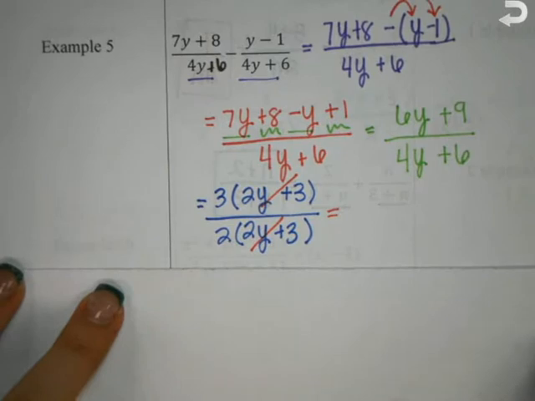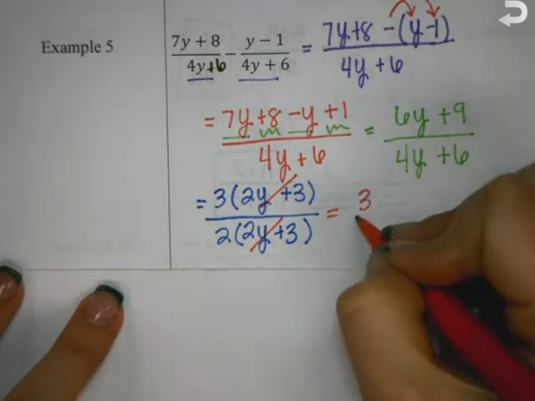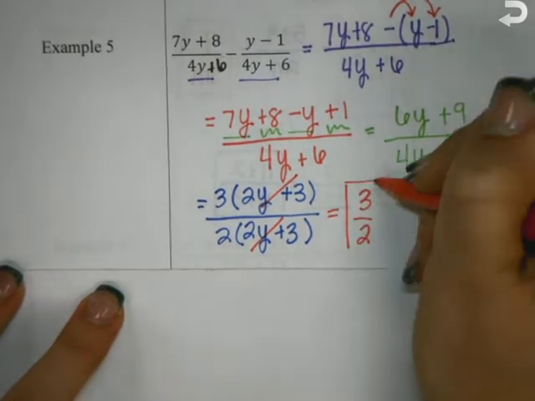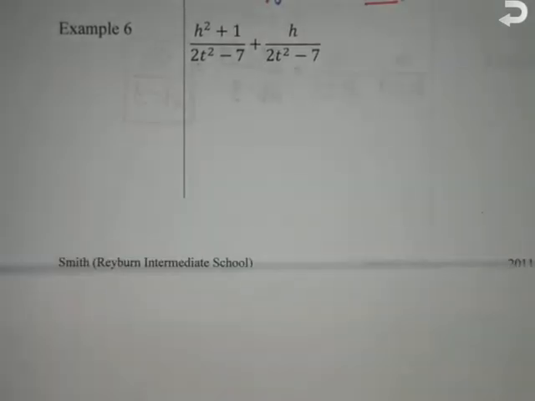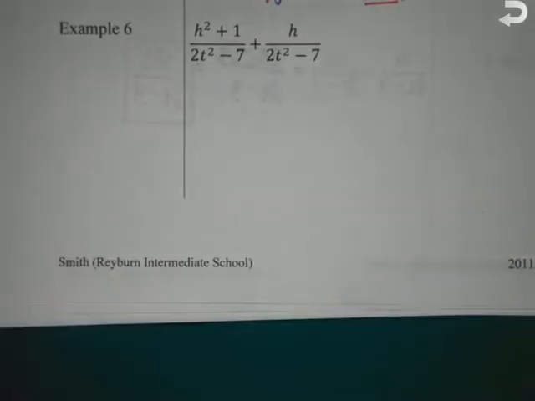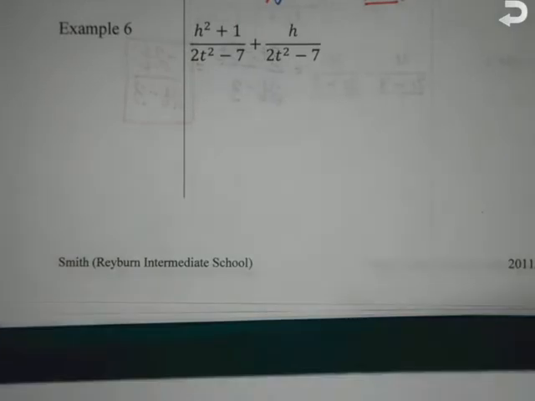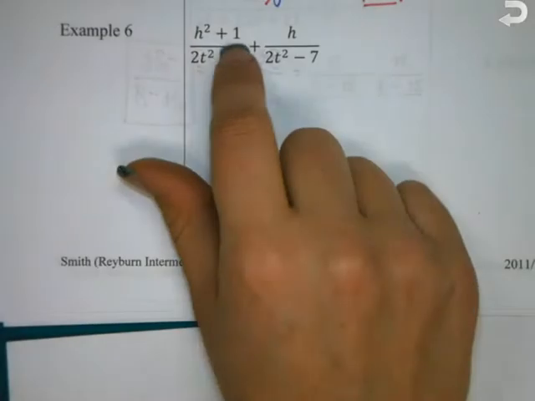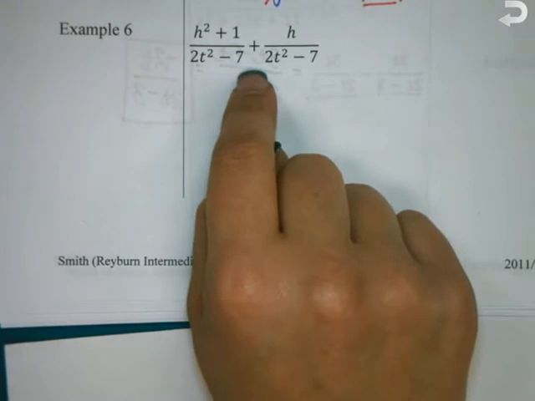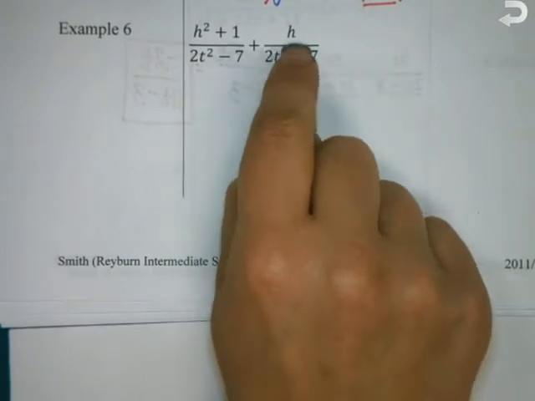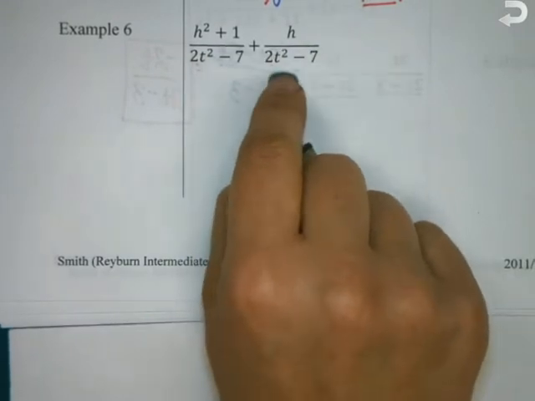Example 6. h squared plus 1 over 2t squared minus 7 plus h over 2t squared minus 7. Do I have common denominators?